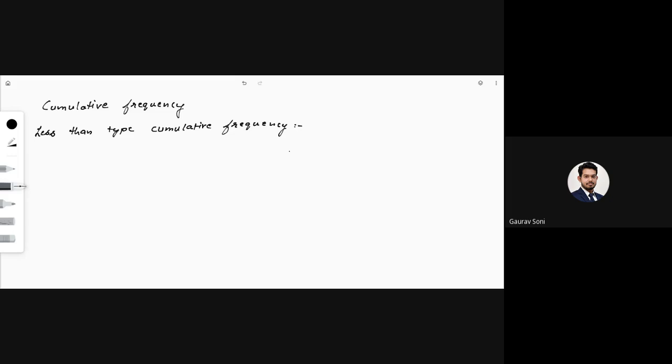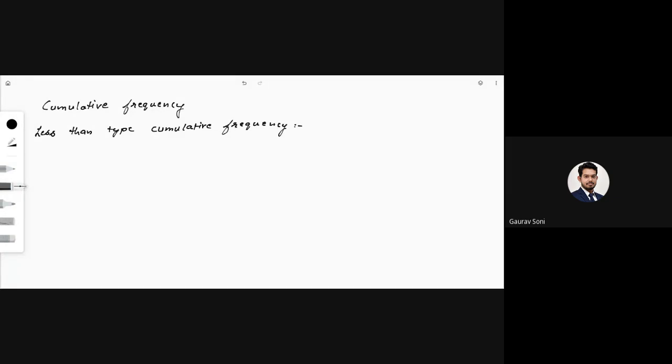Less than type means that for any number included in the class intervals, whatever frequency I'm calculating is always less than that number. In that case, less than cumulative frequency is used.